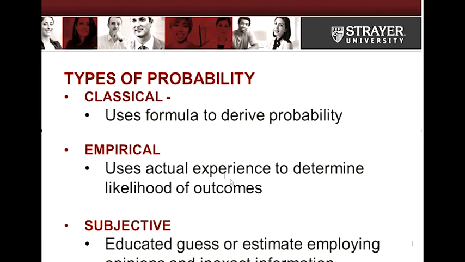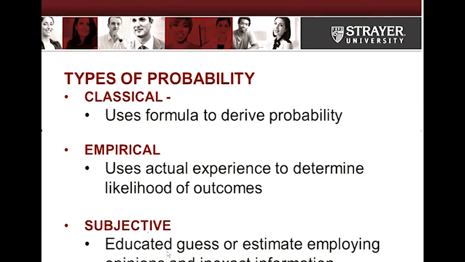Empirical is where you take the actual results of some experiments to determine the likelihood of your outcomes. So classical is just from the nature of your probability experiment. Empirical is from actually performing your experiment and getting some experimental results. And then there's subjective. Subjective doesn't really fit into statistics.